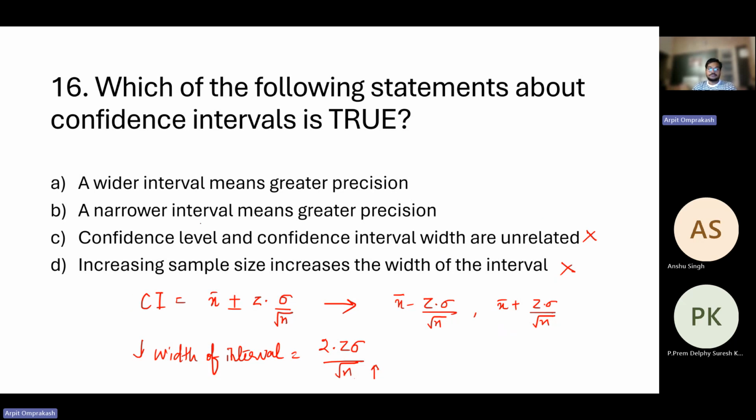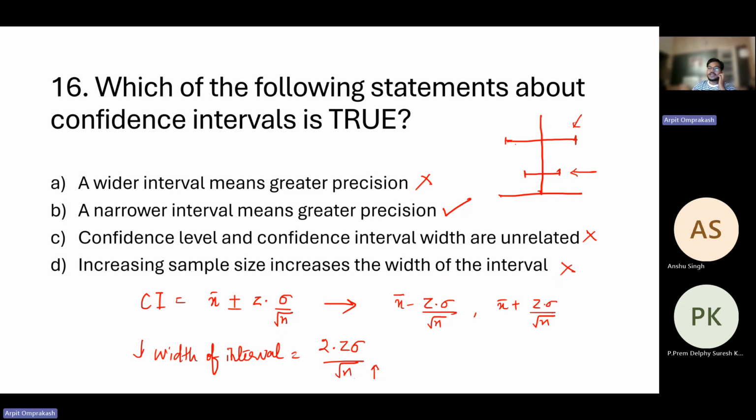So this is incorrect. A narrower interval means greater precision. That is true. A wider interval means greater precision. That is false. For example, you're trying to estimate the population mean, and you have one narrow interval and another wider interval. The narrow interval tells you the population mean falls within a small range, but the wider one tells you it falls within a wider range of values.